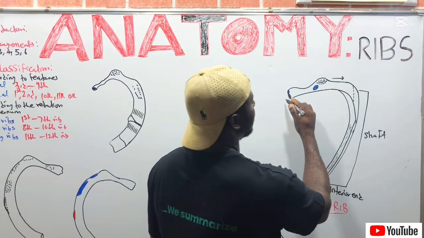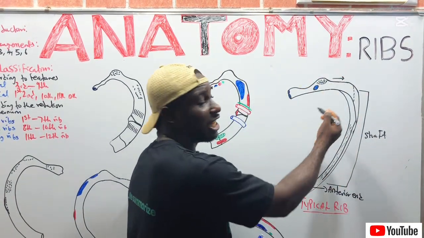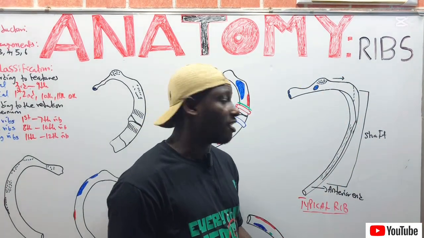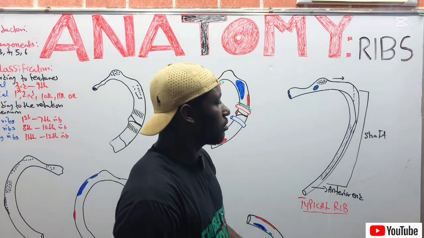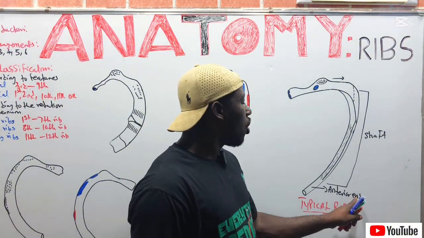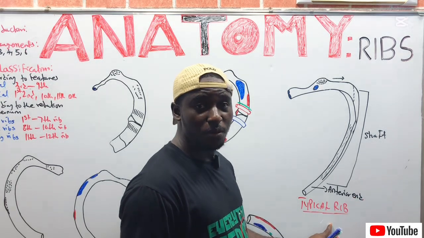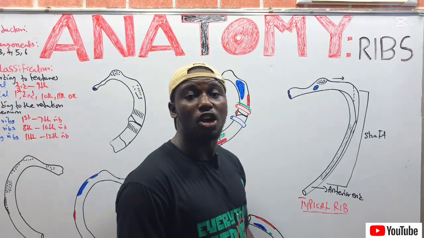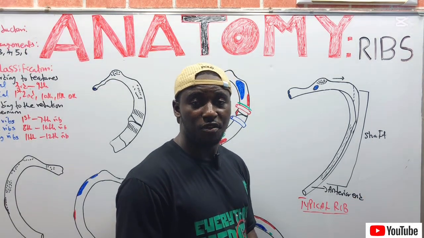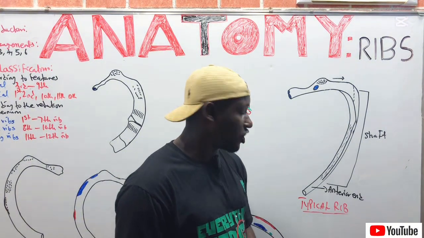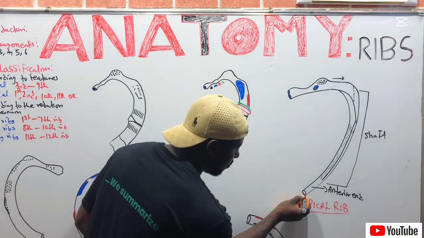And this is the posterior end where it made articulation with the thoracic vertebra. Now, the anterior end of the typical rib forms a cup-shaped concave depression, which is it here.